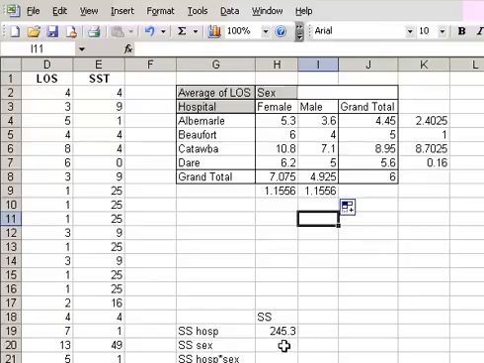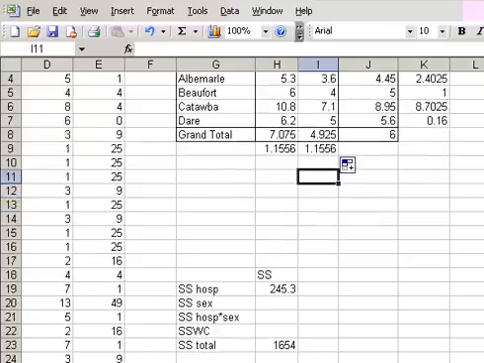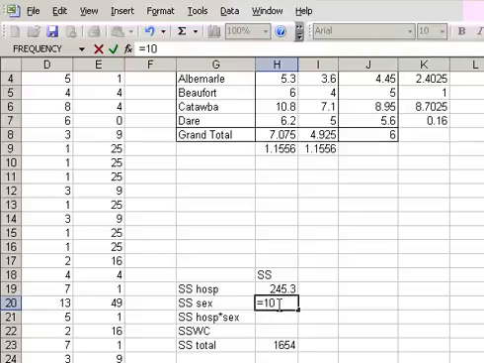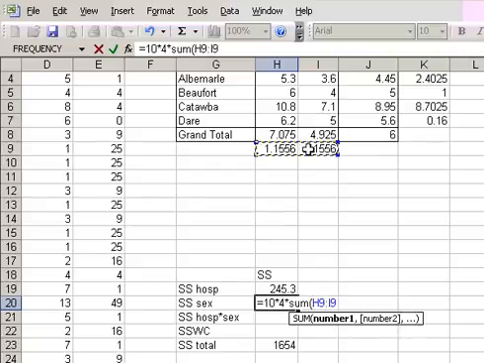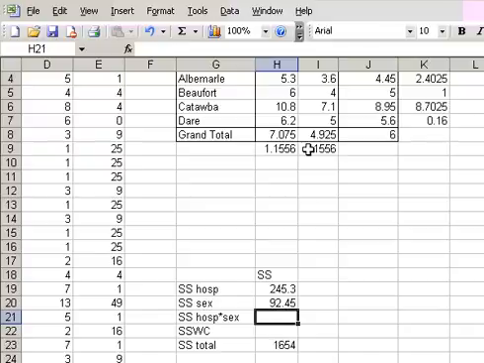So to get the sums of squares due to sex, I will say equal 10 for the people times 4 for the hospitals times the sum of these two values. And when I hit enter, I get 92.45.